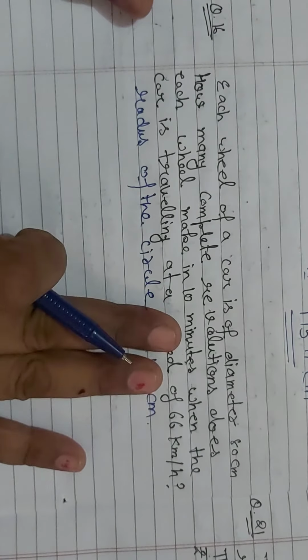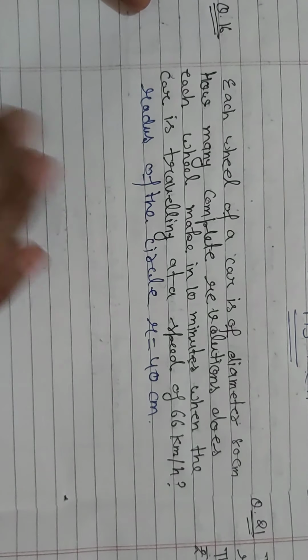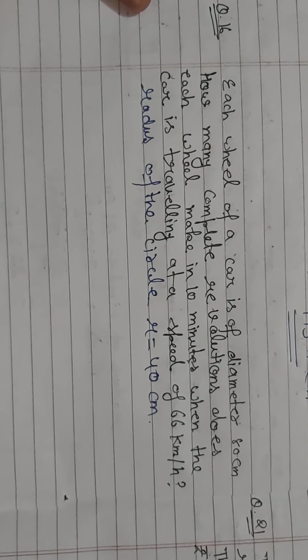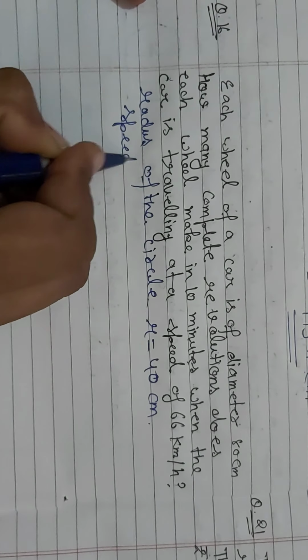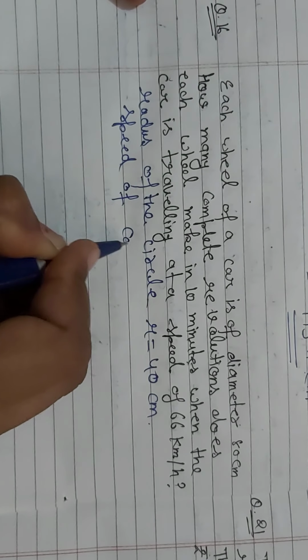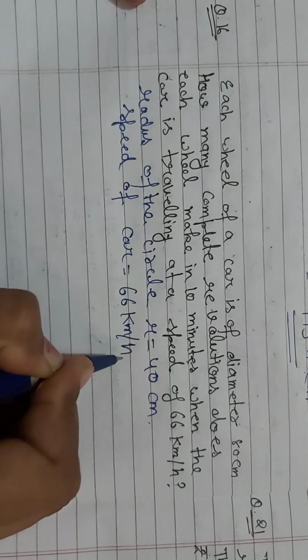How many complete revolutions does each wheel make in 10 minutes, when the car is traveling at a speed of 66 kilometer per hour? The speed of the car is given, the time is given. Speed of car equals 66 kilometer per hour.